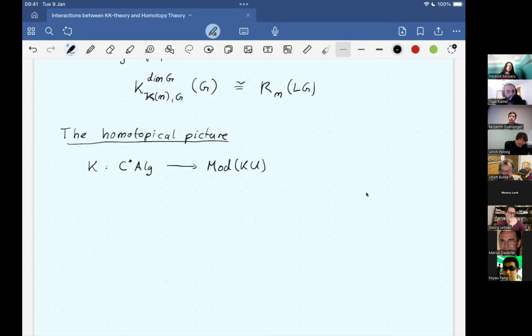And so I could look at this, of course. I have my bundle of C star algebras, and instead of taking the operator algebraic K theory, I just take the spectrum valued K theory functor.